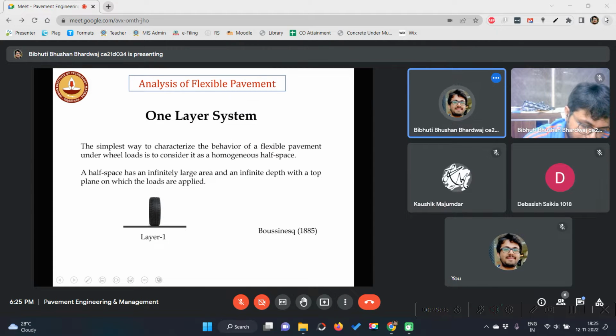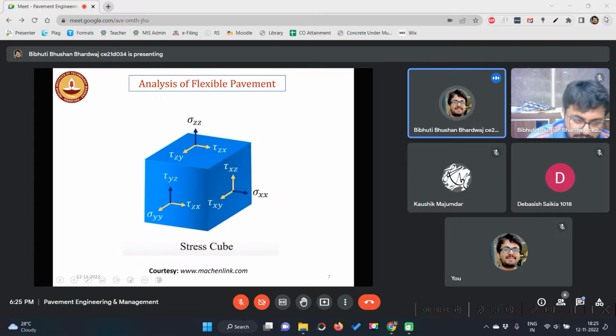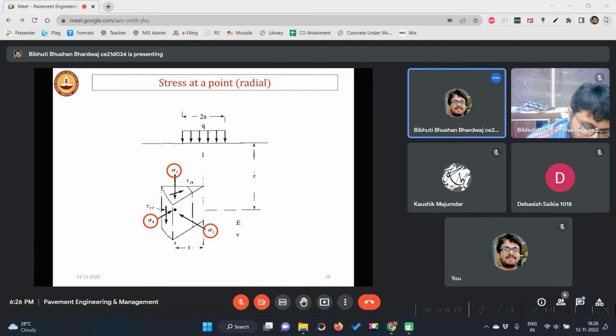Now, in order to do analysis of flexible pavement, we really don't need this much information. This is converted to a system where the coordinates are not Cartesian, they are polar. In this case, we need only three stresses: sigma z, sigma r and sigma t.